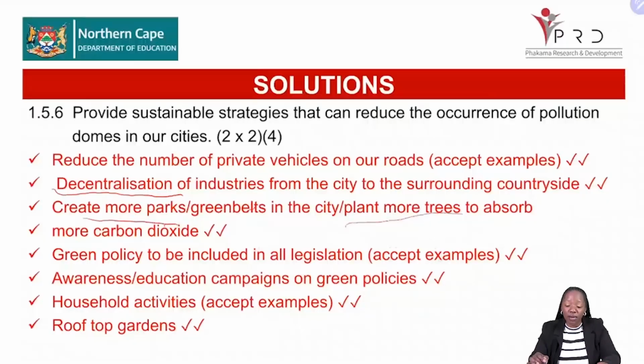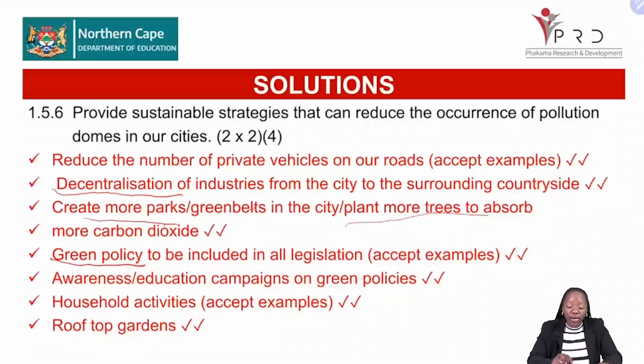This is very important: each and every area is supposed to have trees so that they can absorb the carbon dioxide. The green policy to be included in all legislation. When we're talking about the legislation, we're talking about the rules or the regulations in each and every city or in each and every company that they're supposed to practice this green policy.